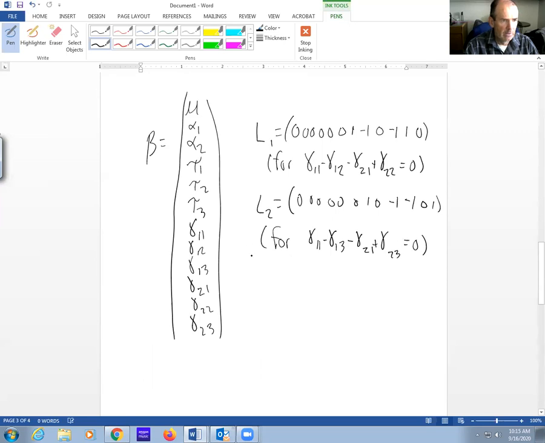for that row. So when we do a test of C times beta equals 0 versus the alternative, then the C, we need both of those rows, right?